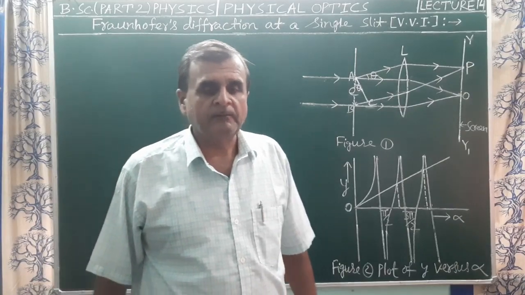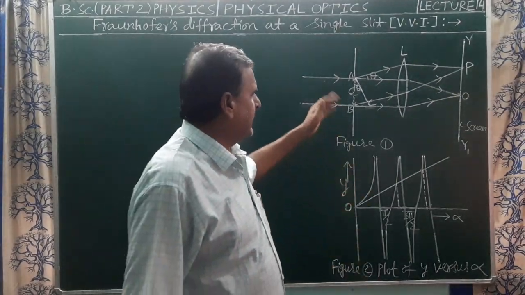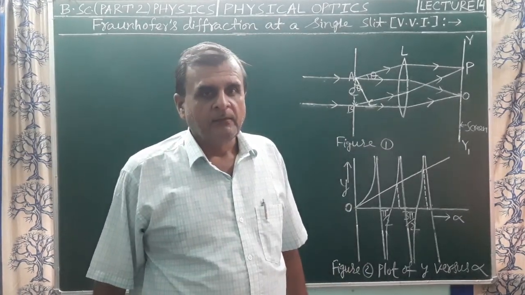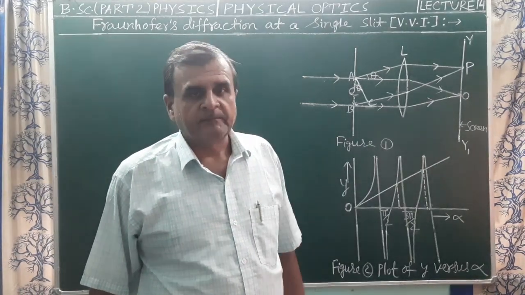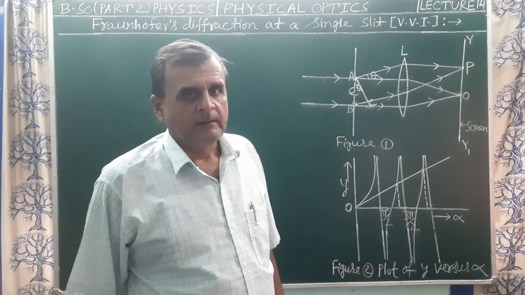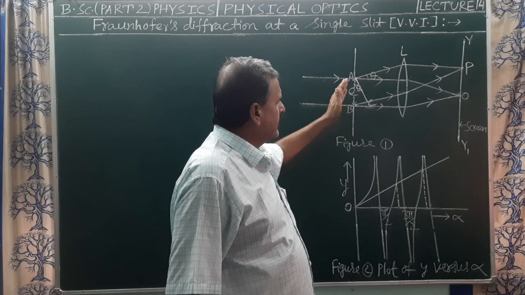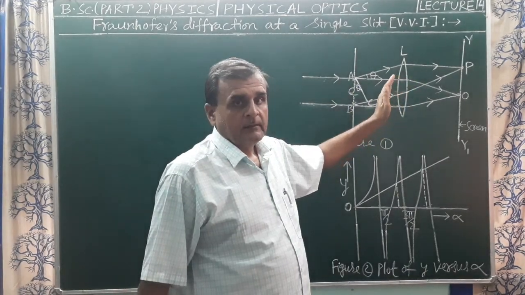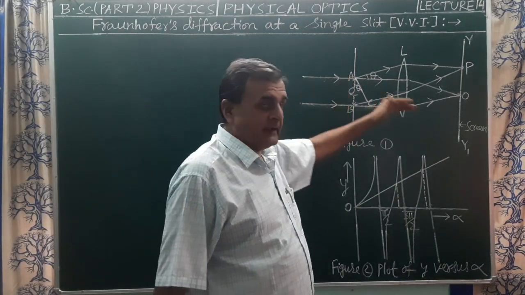According to Huygens' principle, each point of the single slit AB will send secondary wavelets traveling normal to the slit.